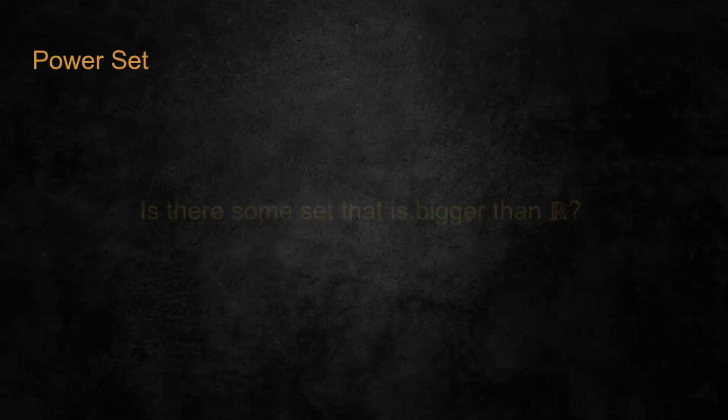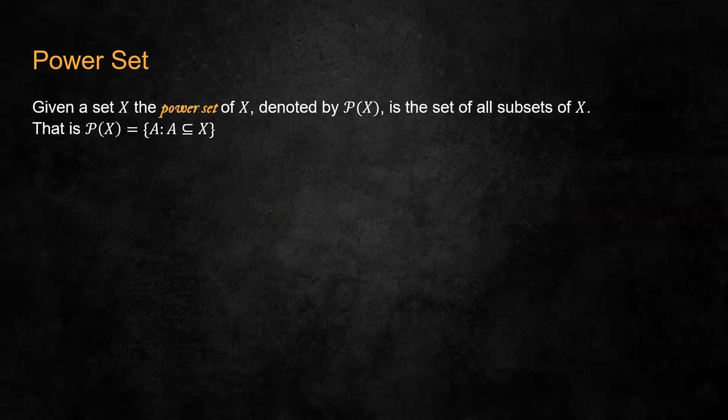Now, is there something bigger than the real numbers? If I'm asking the question, you're probably thinking, oh, there probably is. Well, there is. But we have to talk about a concept called the power set. A power set of X is just the set of all subsets.